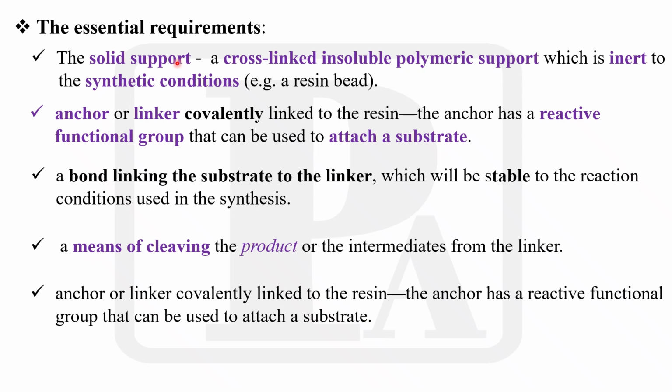The solid support is inert to the synthetic condition, whereas the anchor has a reactive functional group that can attach with the substrate, with a bond that is stable to the reaction condition. Finally, after the process is over, there is a means of cleaving the product or intermediate from the linker.